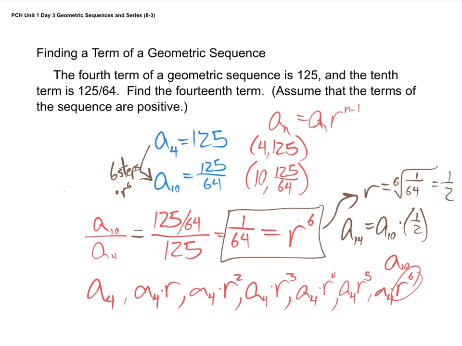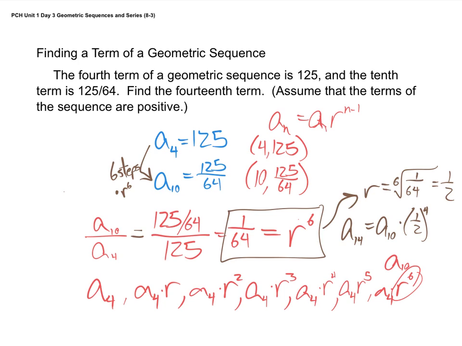To the 4th. Yeah, you have to take 4 steps to get from 10 to 14. So you'd have to multiply by 1/2 4 times. So you don't necessarily have to go back and get a sub 1. You can if you want, but you don't have to. You just need to multiply by that r 4 more times to go 4 more steps down the sequence.